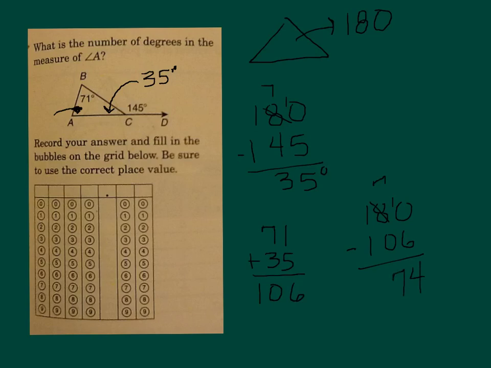That's going to give me 74 degrees. So now I just figured out that this angle is 74 degrees. So I would write 7, 4 here and shade that in and shade this in. Don't have to put zeros there. 74 degrees is my answer. Voila, I'm done. Put that on your Cornell notes.